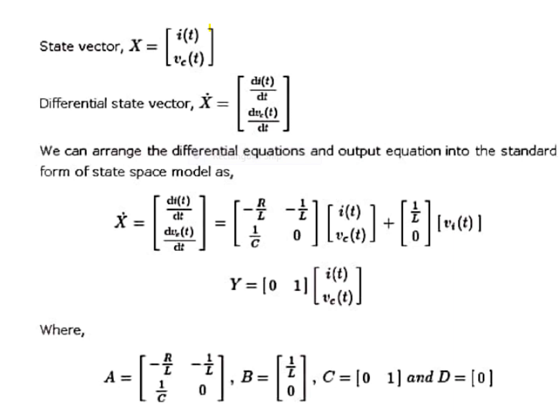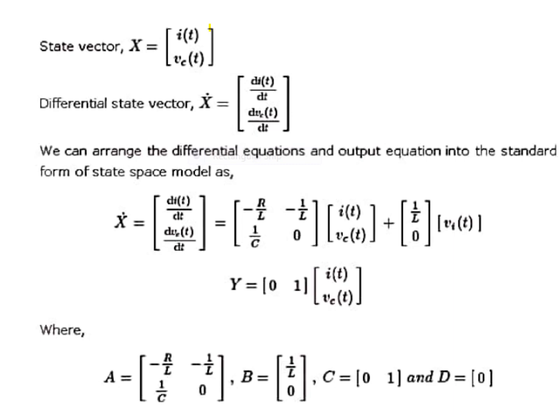So we get di of t by dt and dVc of t by dt. Now, by using the above equations, from the state vector we form the state equation as well as the output equation. That is, the state equation is A into x of t plus B into u of t.